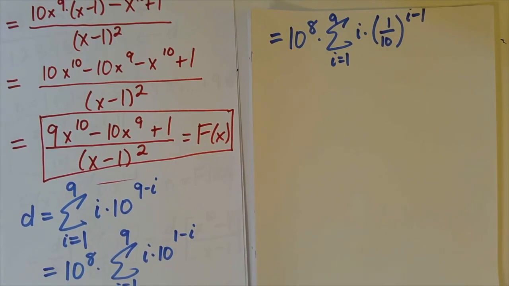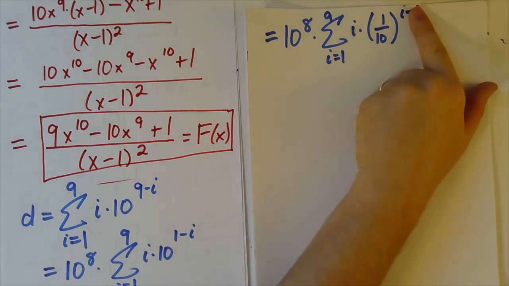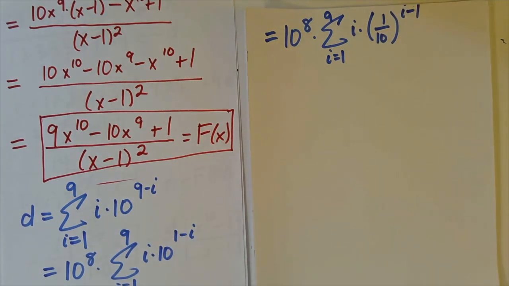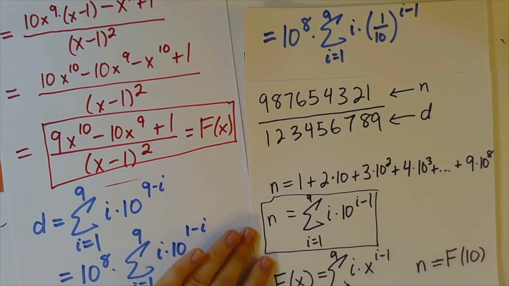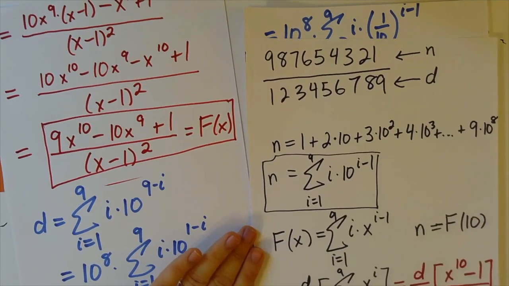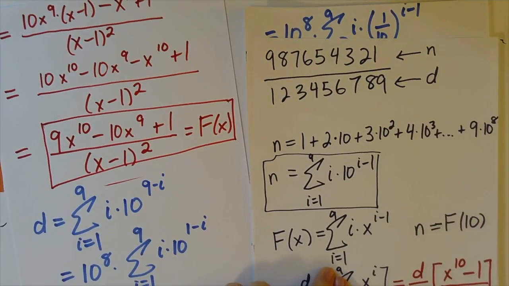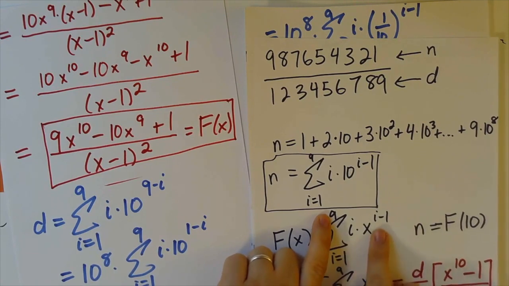Okay, so now, why on earth was that a good idea? Why did I factor out a 10 to the 8th and not a 10 to the 9th? Because if I'd factored out a 10 to the 9th, then it would just be to the I, and that would look so much nicer. But there's a good reason. And the good reason is that earlier I defined this function f of x to be the sum as I goes from 1 to 9 of I times x to the I minus 1.